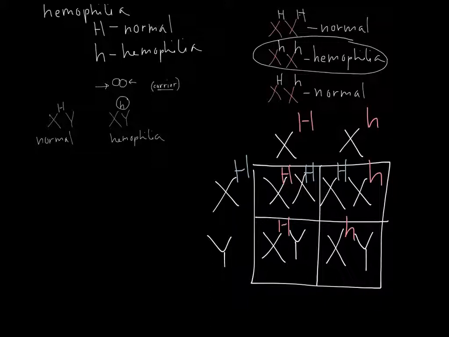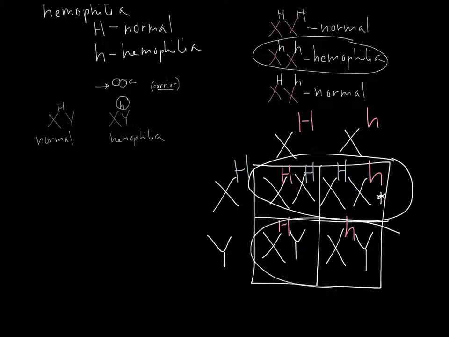Okay, now if we look at this one, if we look at their daughters, which are just both of the XX's, there's no way that their daughter can have the disease because both daughters are going to show the normal phenotype, even though one daughter could be a carrier as shown here. Okay, but if they have a son, there's a 50-50 shot because this square right here indicates a male that has the disease.